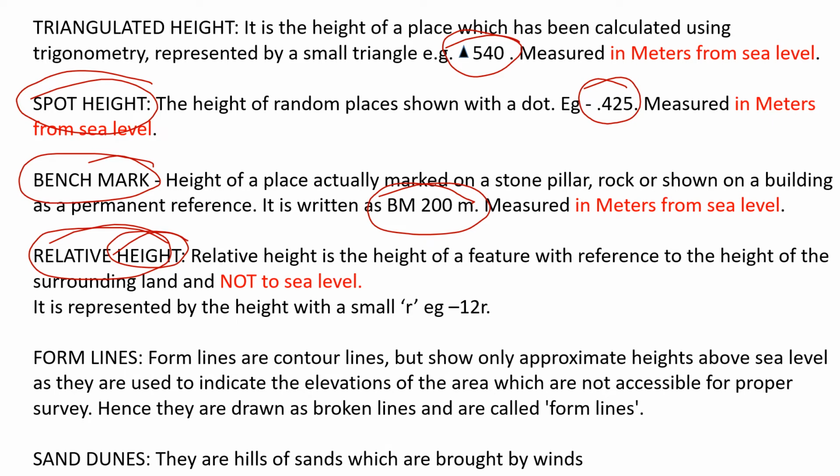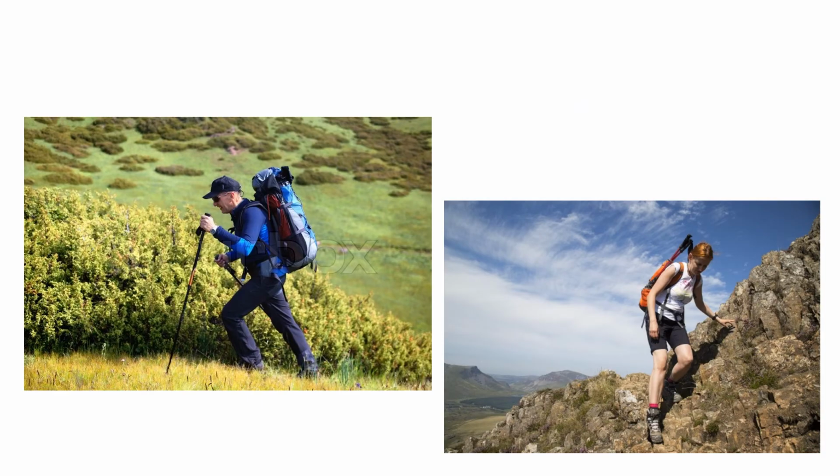Form lines are used when a surveyor cannot do a proper survey, so they draw with a broken line, that is called form line. And sand dune, you can easily find it with small brown dots, that is the sand hills. Here, this gentleman is climbing a gentle slope, and the lady is climbing or probably getting down from a steep slope.